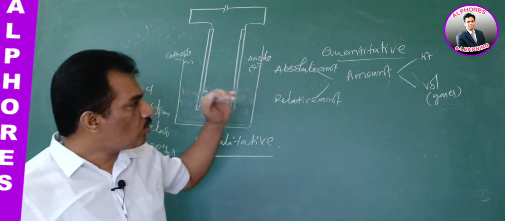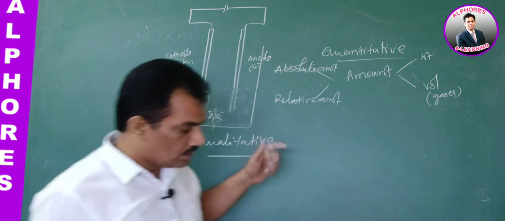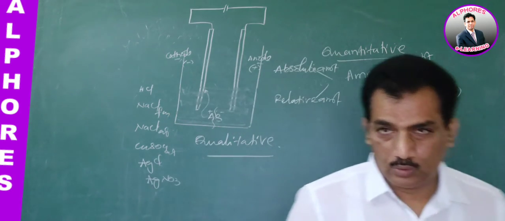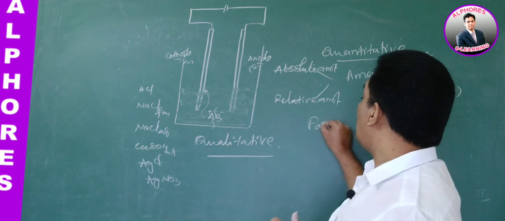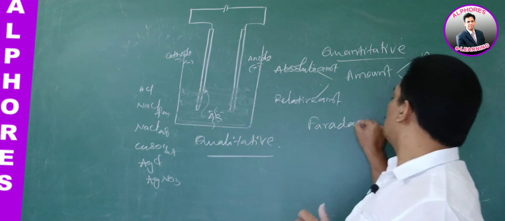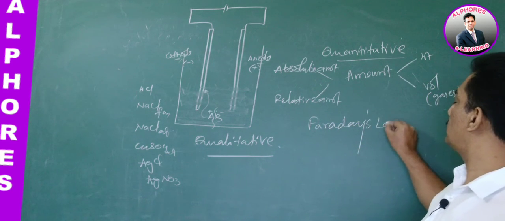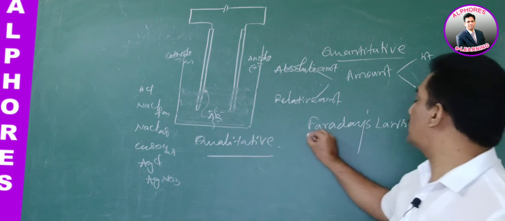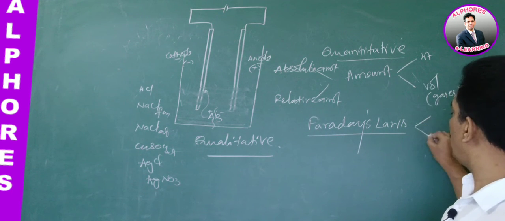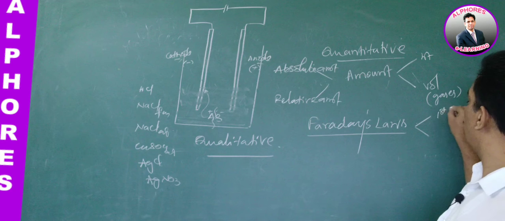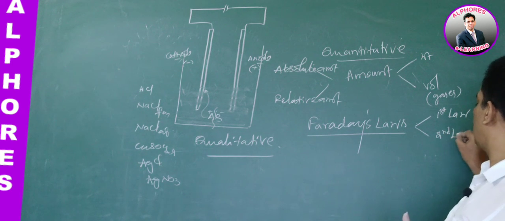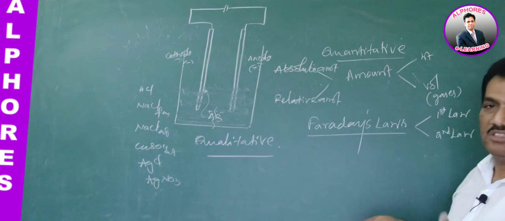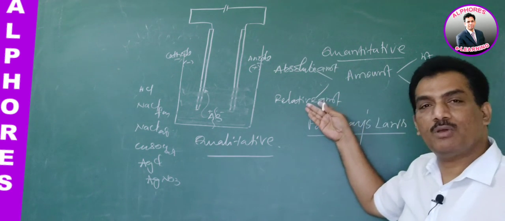Now this quantitative aspect, that is the amount deposited or released at electrodes, has been discussed by Faraday's laws. These Faraday's laws are given in two forms, Faraday's first law and Faraday's second law. Why two? Simply because of these two types of amounts.